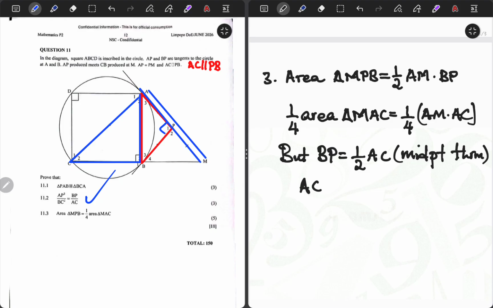So here I forgot something. Area is half base times height. Half base is what? Multiplied by height.